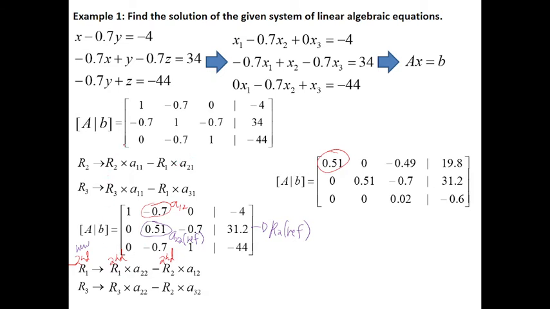R1 second element is negative 0.7 multiplied by A22, 0.51 minus R2 second element, 0.51 multiplied by A12, negative 0.7.